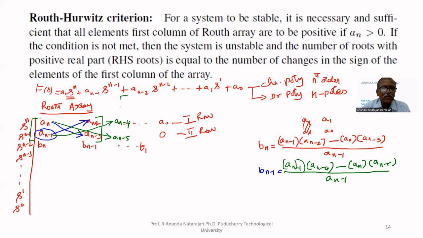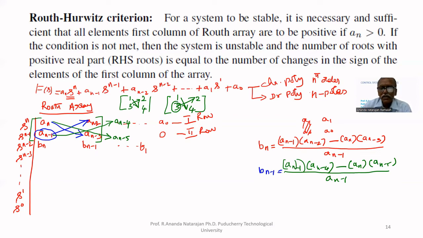How do we find a determinant? Suppose I have a matrix 1, 2, 3, 4. The determinant is 1 multiplied by 4 minus 3 multiplied by 2. Here we are doing it the opposite way: 3 multiplied by 2 minus 1 multiplied by 4, divided by 3. Just opposite to the determinant.